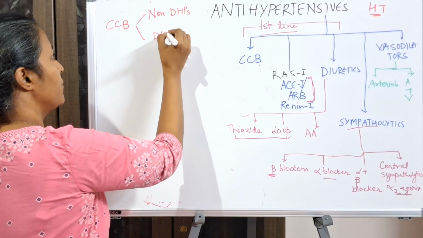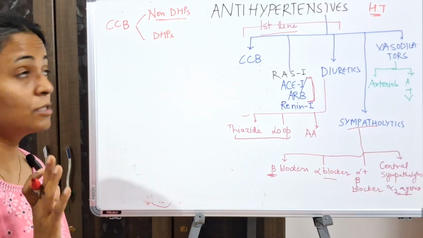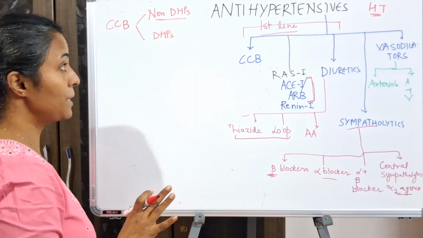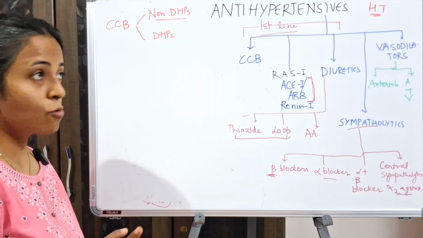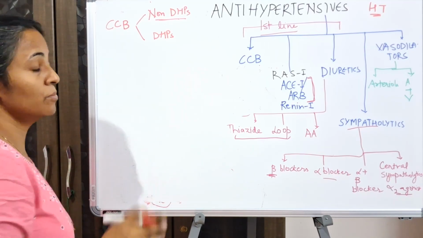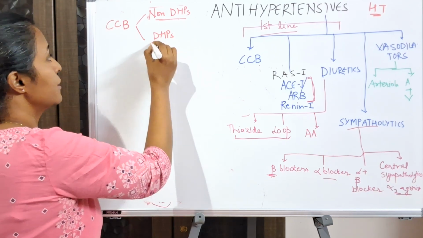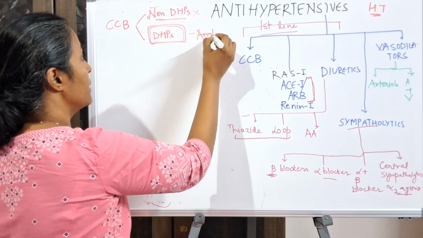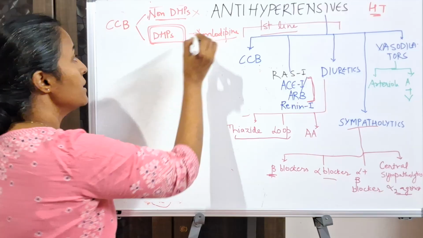So which one is preferred? First preferred, if there are no comorbidities, is DHPs, and it is the first line drug also. So when the patient comes, first line drug, if the patient is not having any comorbidity, then it is calcium channel blocker, and that too long acting DHPs. And among these, amlodipine, because amlodipine is long acting, once a day dosing is enough.